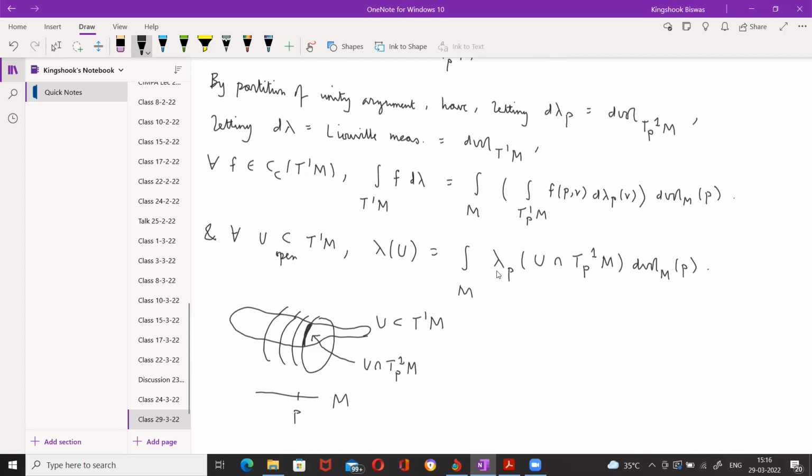This formula holds if F has support in a small chart, and for a general function you write it as a sum of functions with support in small charts, by writing F as F times the summation of phi_i, so that's the summation of F phi_i. Then you apply this formula to each F phi_i and add back up, right?